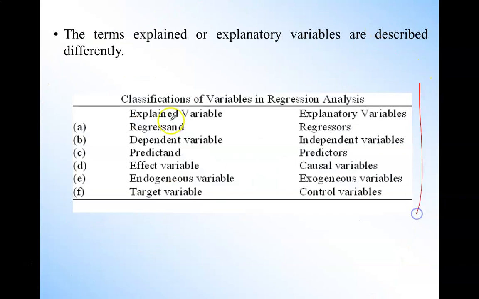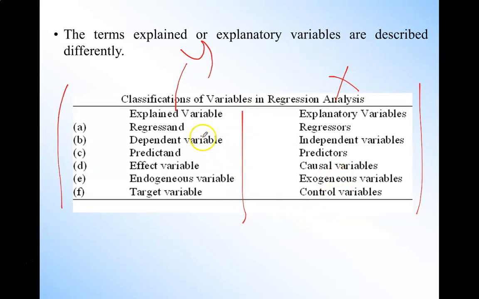This is what is commonly used in terms of x and y, normally used in the regression function. This part is y, and this is x. And these are the other variants of the names.